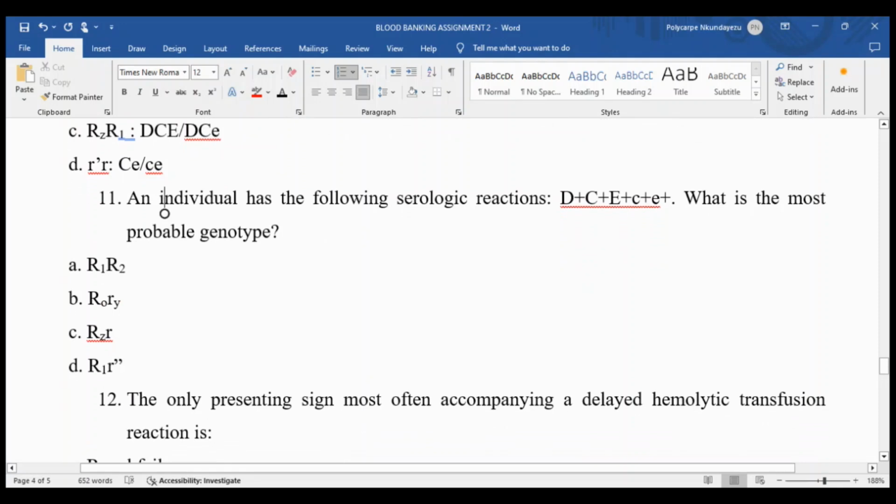Okay, so someone has the following serologic reactions. What is the most probable genotype? From what you answered, what's the most probable genotype?